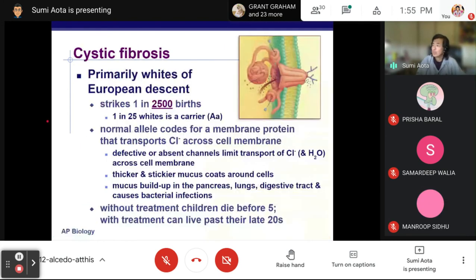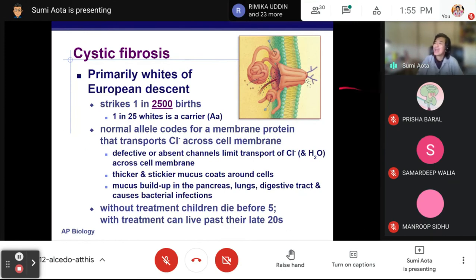Okay, so one example of this is cystic fibrosis. It usually impacts whites of European descent. Okay, so Germany, France, Spain, Italy, the Baltic states, Poland, Hungary, Austria, all of Switzerland, all those nations.